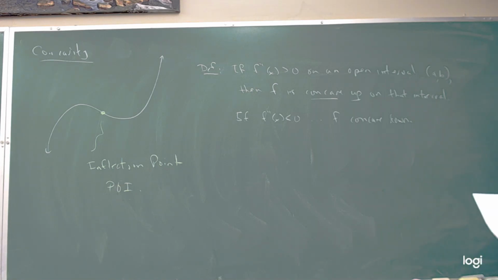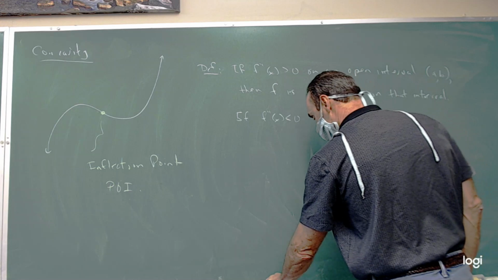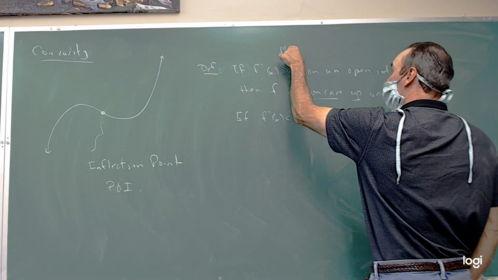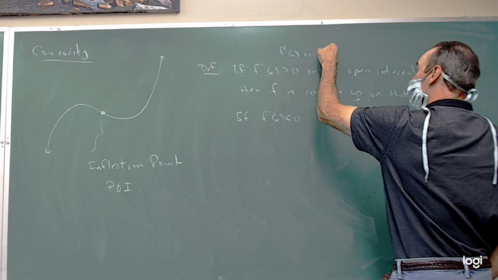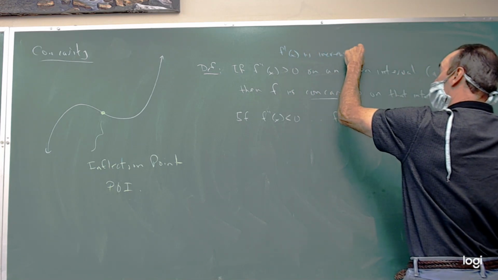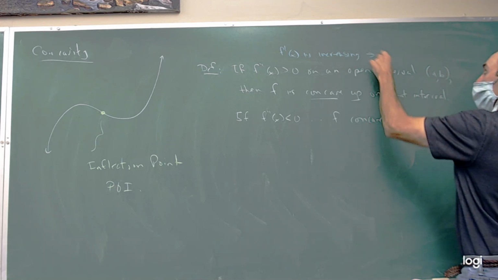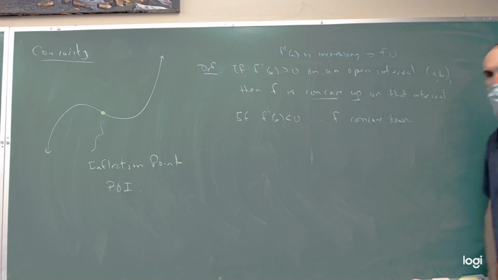Now, other books define it differently, and you need to be aware that any of these is a reasonable description of concave up and concave down. Some books will say that when f prime of x is increasing, that means the original function is concave up.